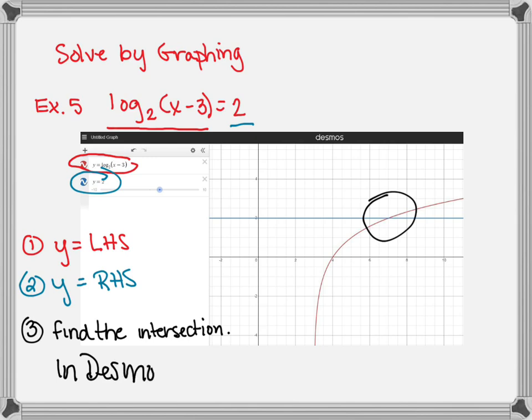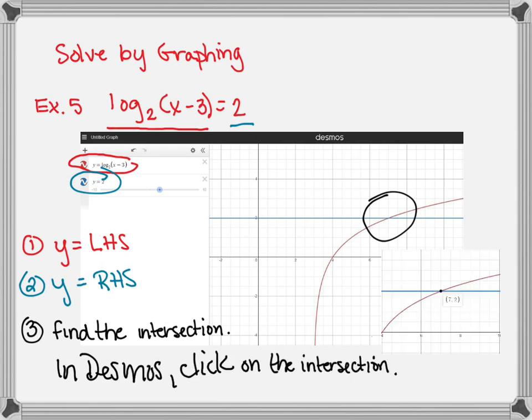And if I click on the point of intersection, it tells me that my intersection is at 7, 2. So that means my x value is 7, and that's my solution. I don't need to check it because I have graphed the original equation, and so I know it does actually intersect there.